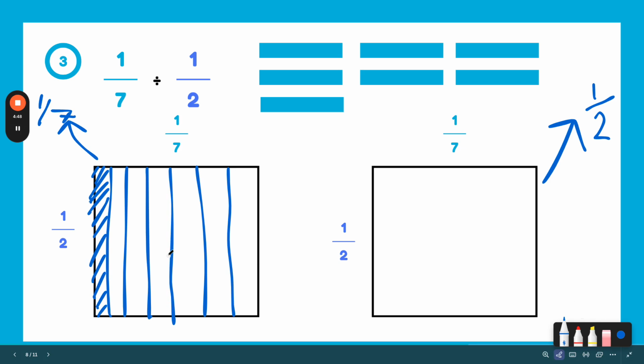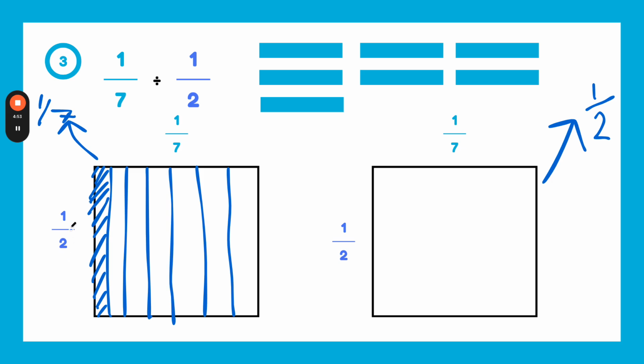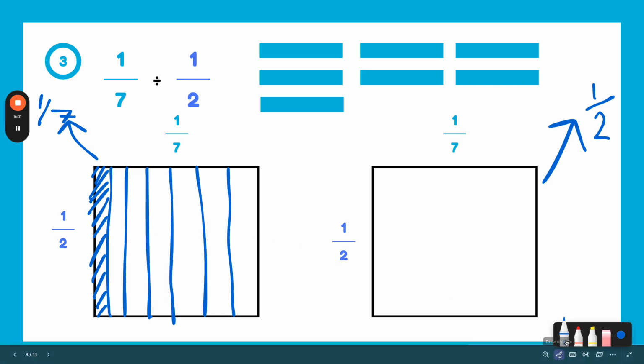And because our half is shown on this side, this means we have to split the square horizontally into half. So let's choose a different color.